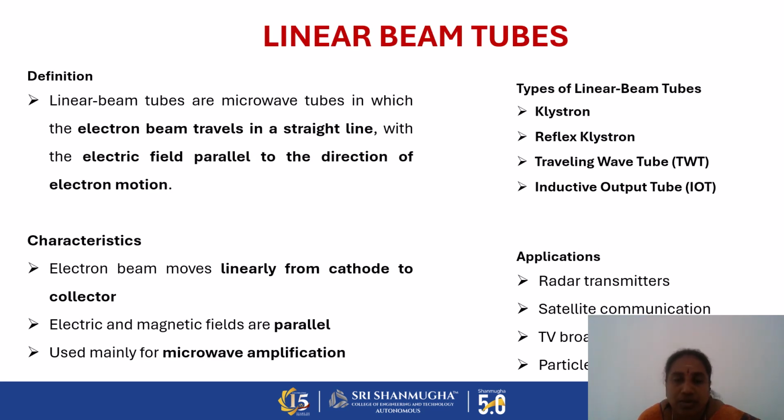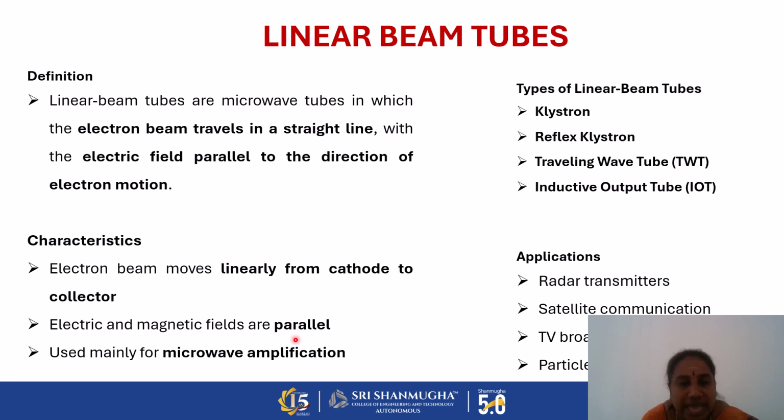So what do we mean by a linear tube? Generally in linear tubes the electron beam travels only in a straight line. At that time the electric field is parallel to the direction of the electron motion. So this is a linear tube. Here it is in parallel direction and in cross field it is in perpendicular direction. That is the difference between the linear tube and the cross field tube.